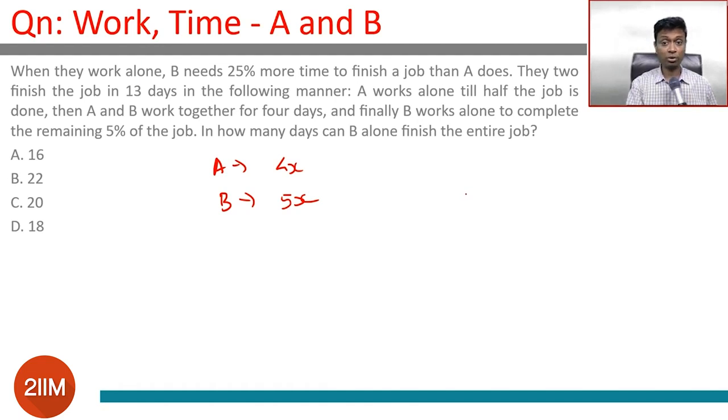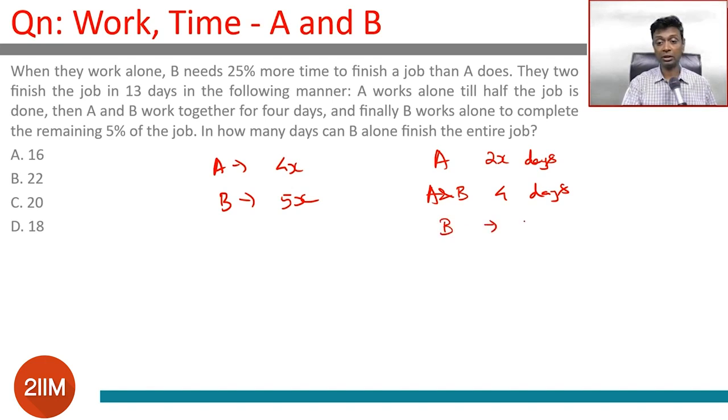So half the job is done, A works alone for 2x days. Then A and B work together for 4 days. And finally, B works alone to complete the remaining 5% of the job.